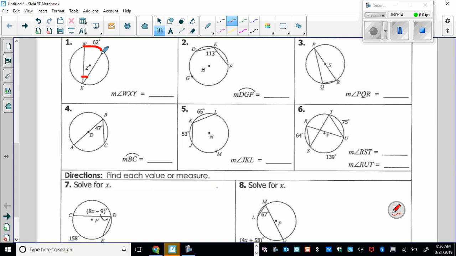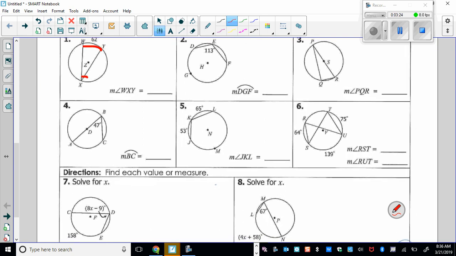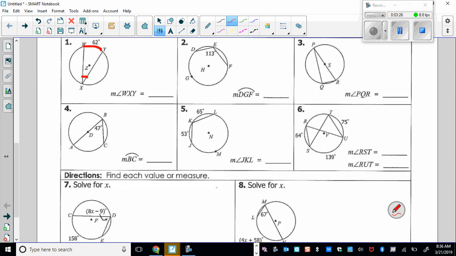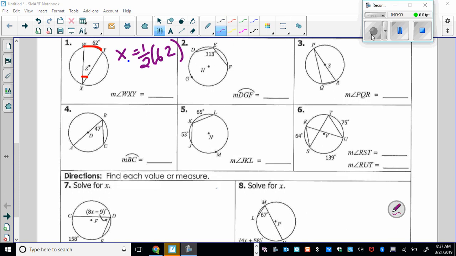So angle X is 1/2 of 62, so angle WXY is going to be 31.